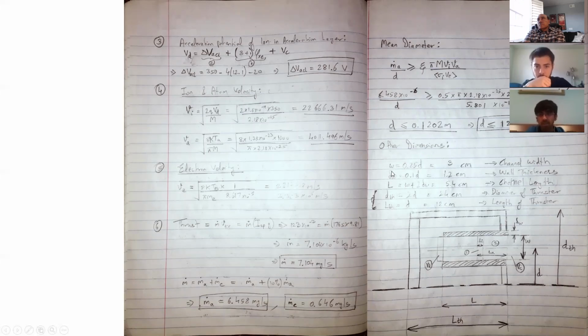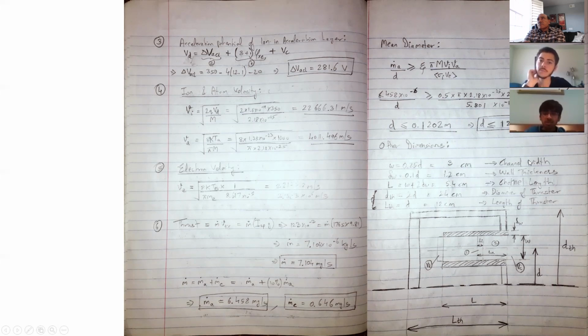You have W, which is the gap between the inner and outer, the channel width. Then you have the actual thickness of the wall, then the channel length, the overall diameter of the thruster, and the length of the thruster. They are all interdependent on these other dimensions.